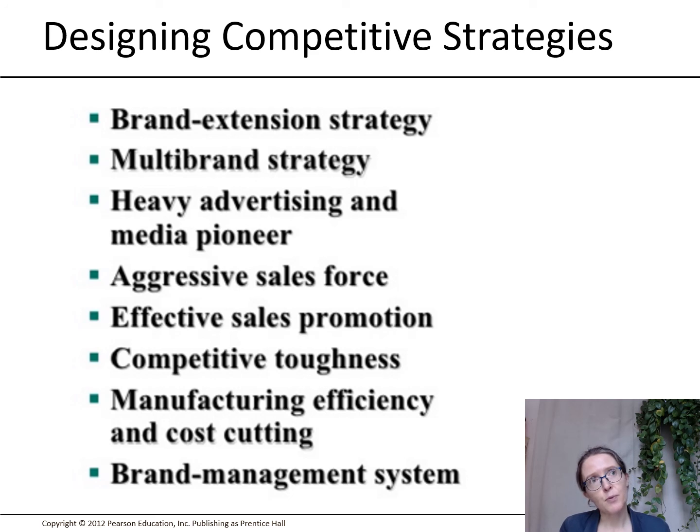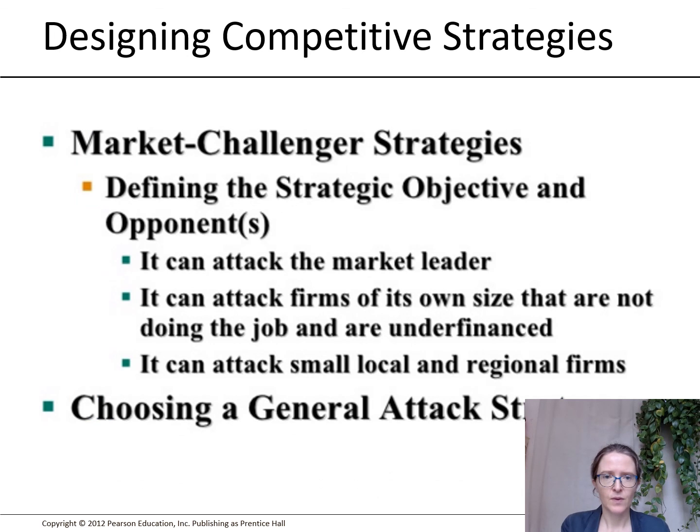You may want to make sales promotion more effective, or have competitive toughness, or manufacturing efficiency and cost cutting, so look at ways of keeping the cost low, or some sort of brand management system. So these are all potential ways in which we can design a competitive strategy.